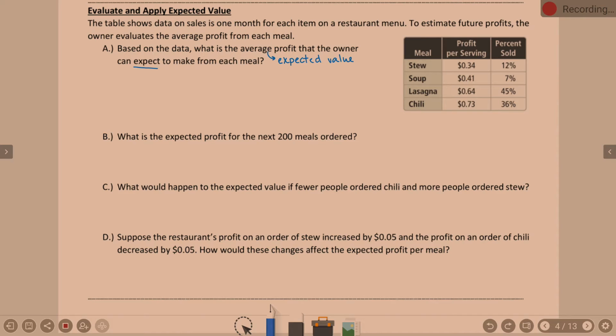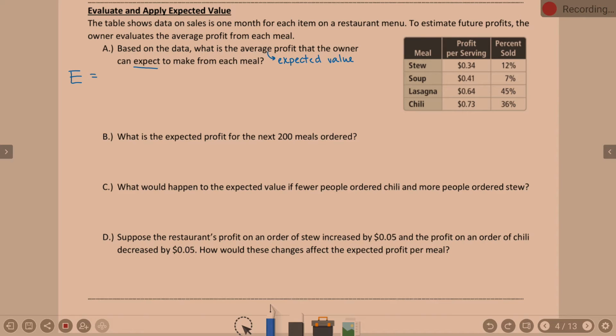The sum of the value of each outcome multiplied by the probability of that outcome. I'm going to use E for expected value. That's what I think I tended to do throughout my notes. What do we know about stew? $0.34 profit on a serving.